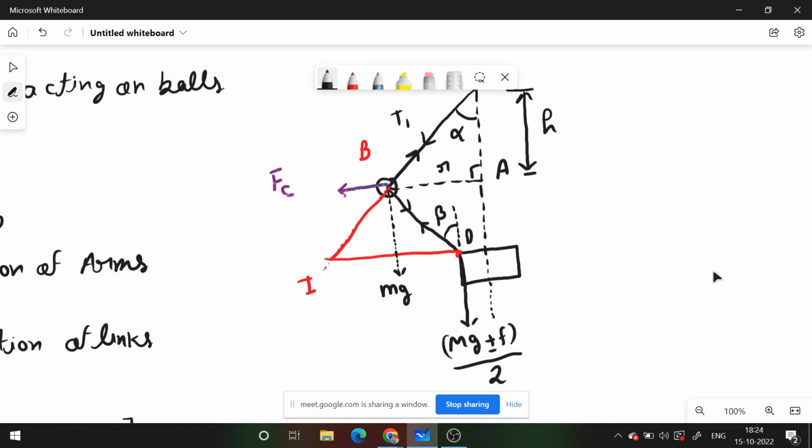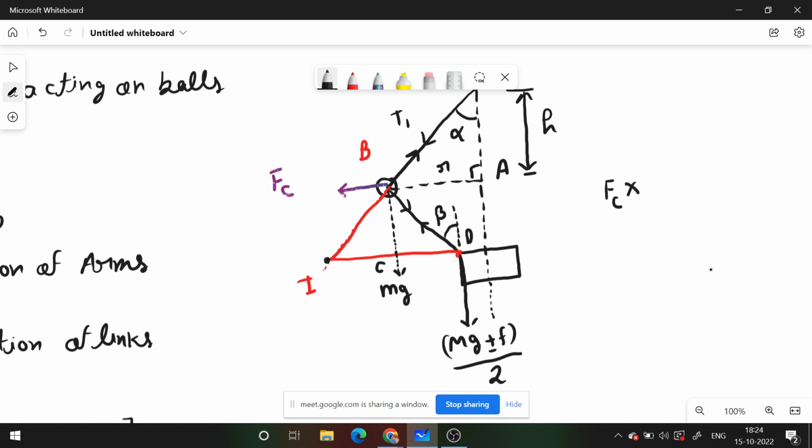Moment of centrifugal force about the point I will be equal to, suppose this is the point C. Moment of force Fc about the point I will be force into perpendicular distance.